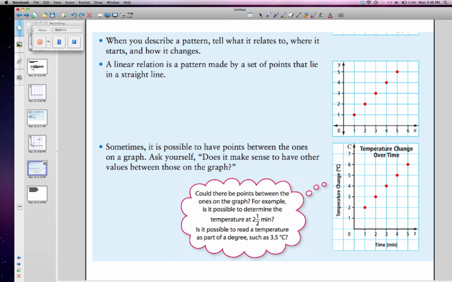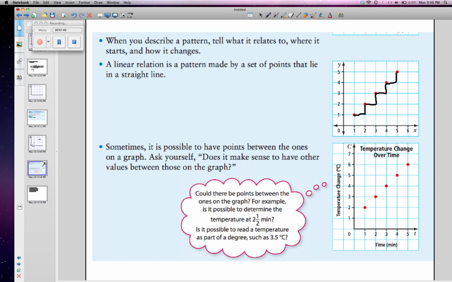Well, the pattern starts at 1x and 1y. This is good. What happens next? Well, we're going to go over 1 to 2 and up 1 to 2. So it's over 1 and up 1. So it's increased 1 on the y and increased 1 on the x. You understand what I'm asking you to do here?